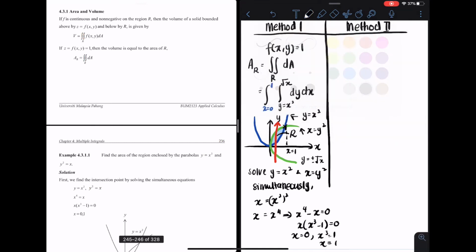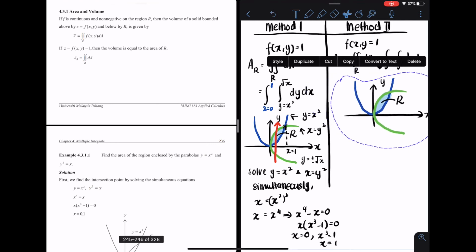Again, if you want to use method 2, the function f(x,y) again is equal to 1, because right now we are talking about the area of the region R. The formula to determine the area by using double integral is double integral over region R dA. So right now I leave some space here, then I will have dx dy instead of dy dx.